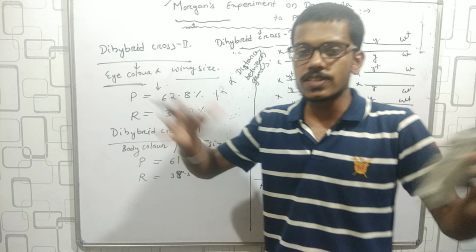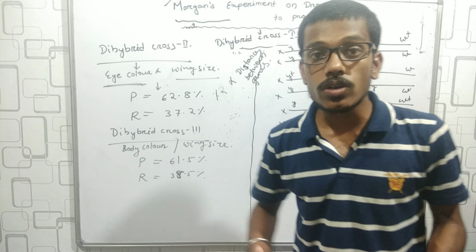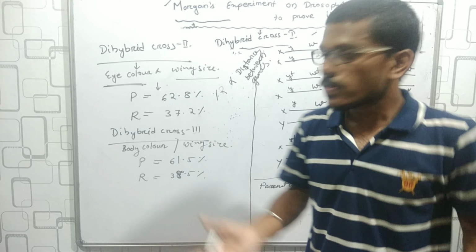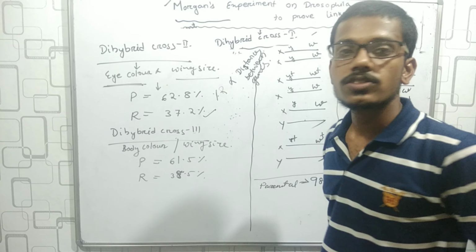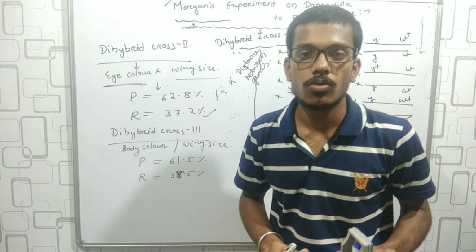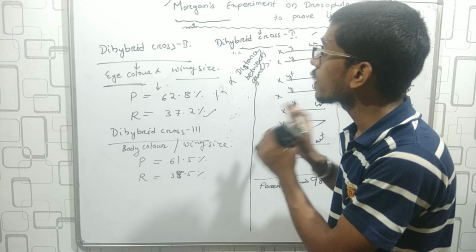If there is more distance between the genes, then there is more chance of crossing over. If more crossing over, then the recombination percentage is more and the linkage percentage will become less. This is the conclusion of Morgan's experiment.